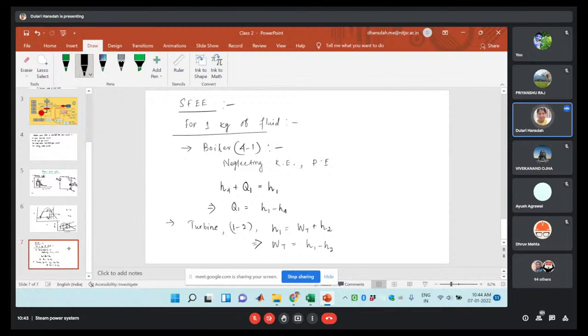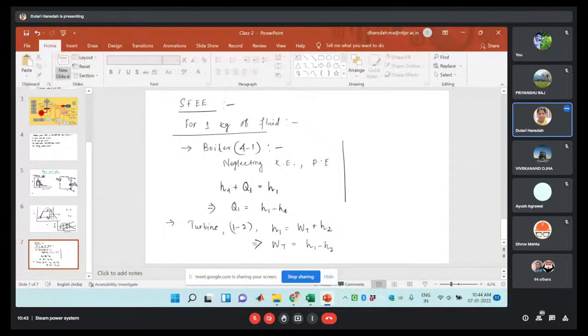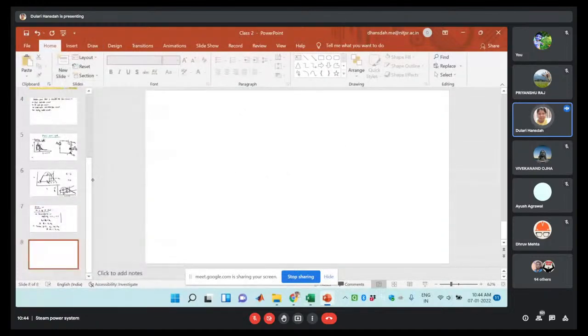Similarly for the condenser, what will be the steady flow energy equation? अब ये दोनों का बताइए, कंडेंसर का क्या होगा और पंप का क्या होगा? Q2 equal to H2 minus H3. Condenser. हाँ, H2 minus H3.